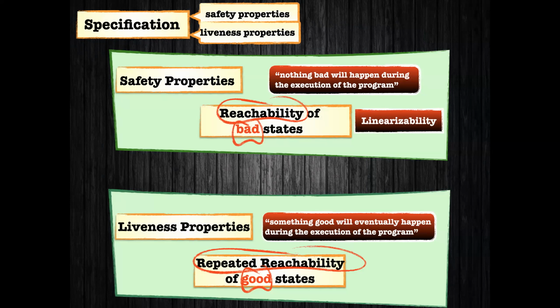This can be reduced to checking the reachability of a set of bad states, namely the set of states of the system that violate the safety property. In particular in this course, we would look at one property, namely linearizability, which will be the main safety property that we will look at.